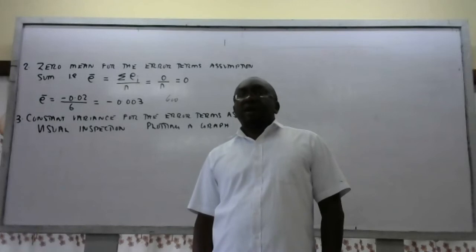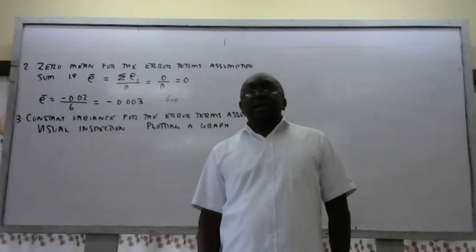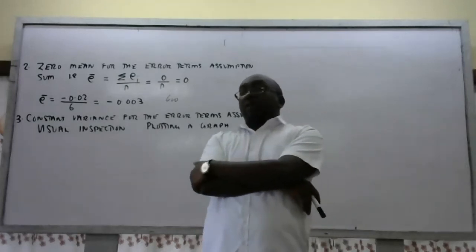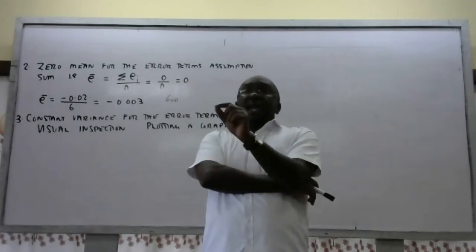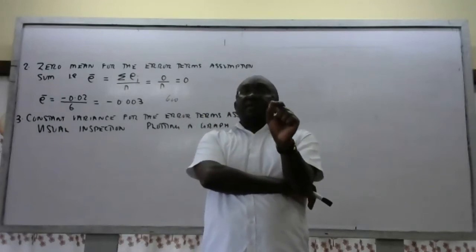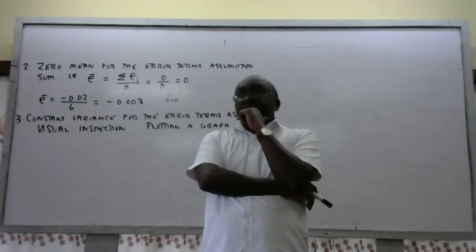First of all, do we have some values of x that are equal? Yes. Do they have the same errors? No. So if they don't have the same errors, that tells you that they are not depending. But if the errors are depending on x, where the x's are the same, we should also have the same errors. That's what we call visual inspection.